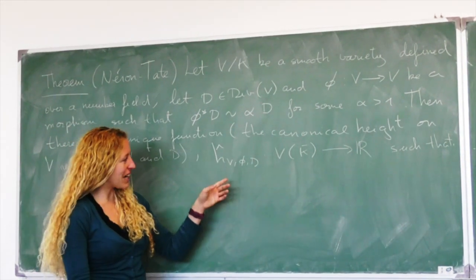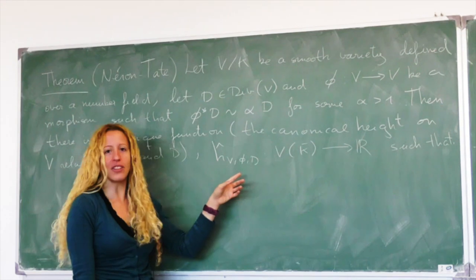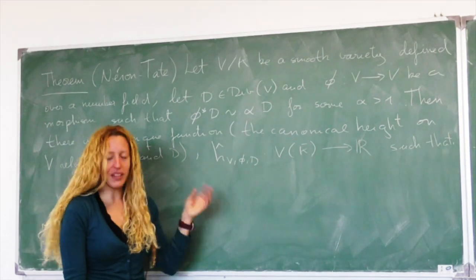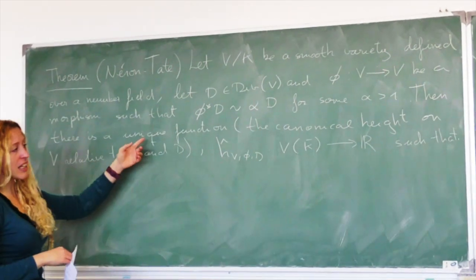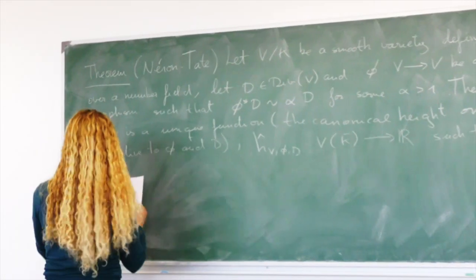So now we have this height that depends on the variety, on the morphism, and on the divisor D. But you will see that it is worth it. So this canonical height is unique and satisfies the following properties.